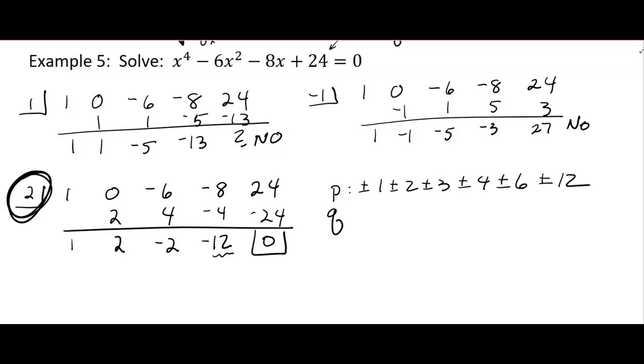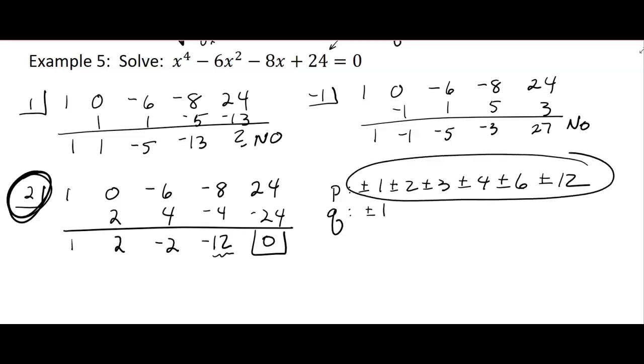So it takes out the 8 and the 24, right? And then for Q, it's plus or minus 1 again. That's not too surprising. The Q didn't change because remember, we're always dropping down that first coefficient. Okay, so these are our choices now for this polynomial.